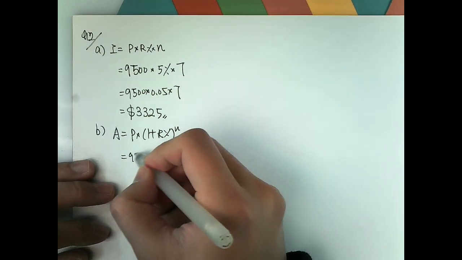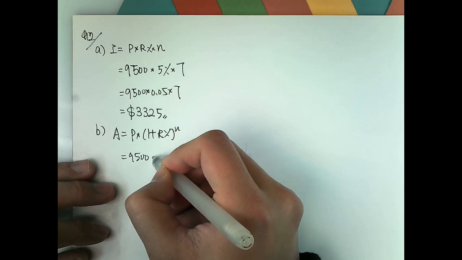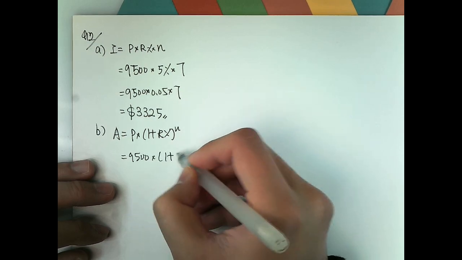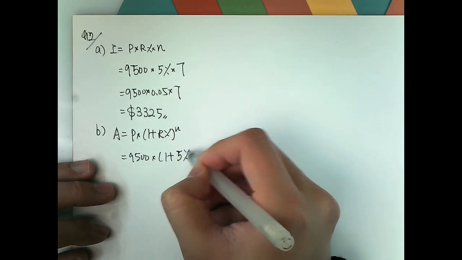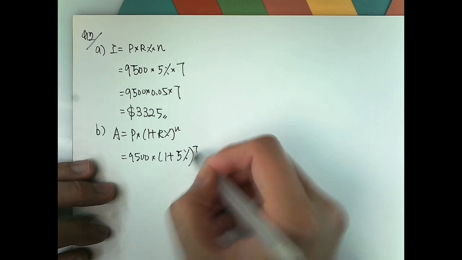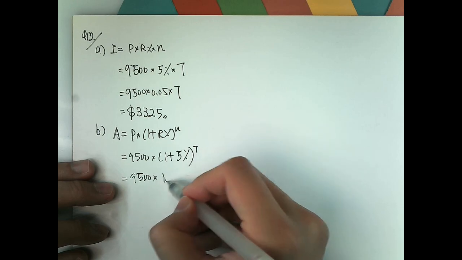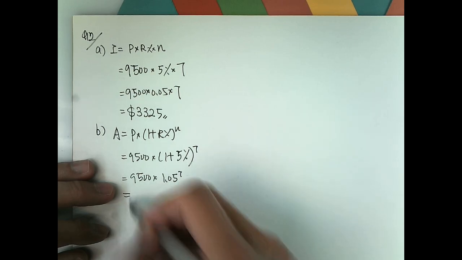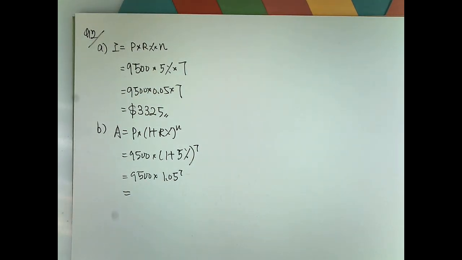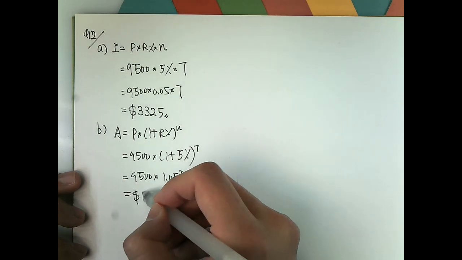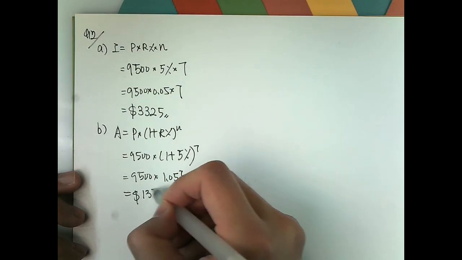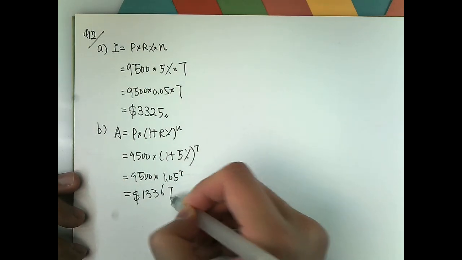So P times 1 plus 5%, to the power 7. Okay. So go to your calculator. It is 13,367. Okay.